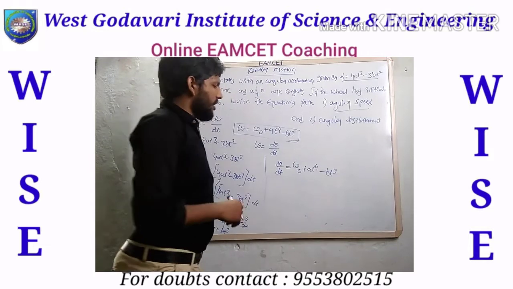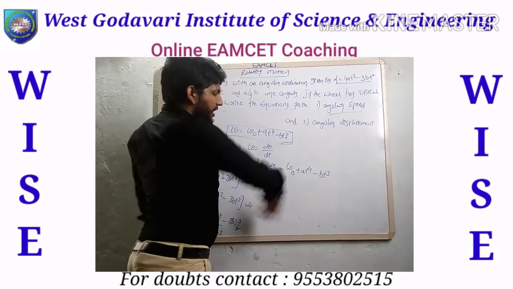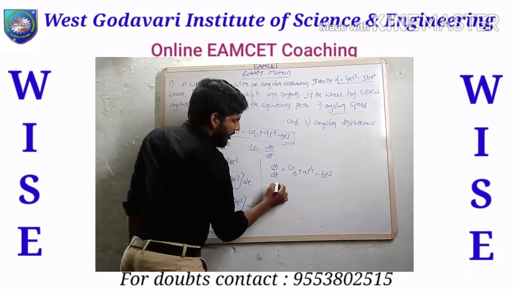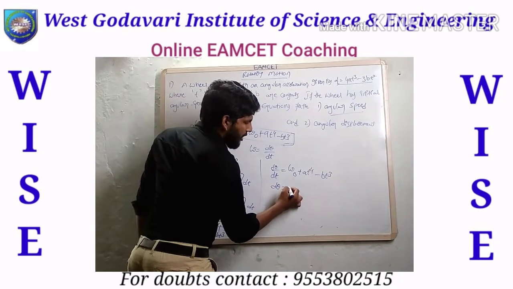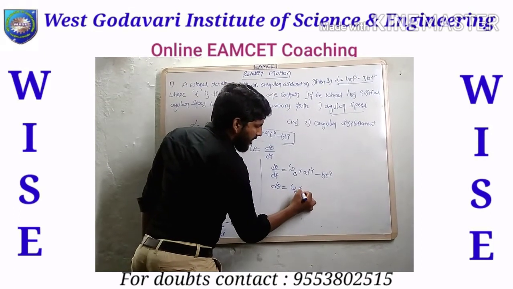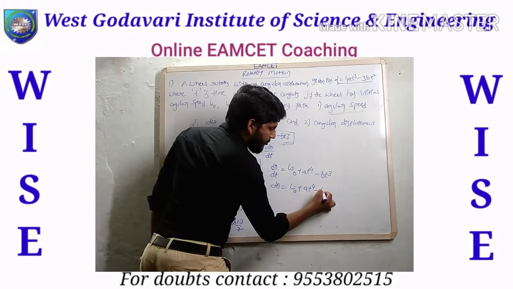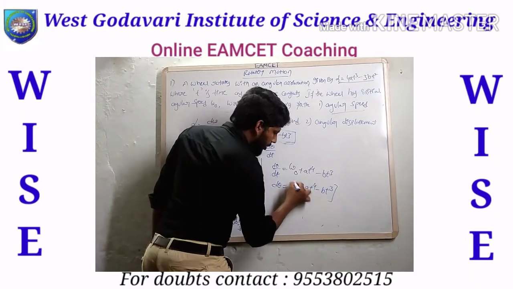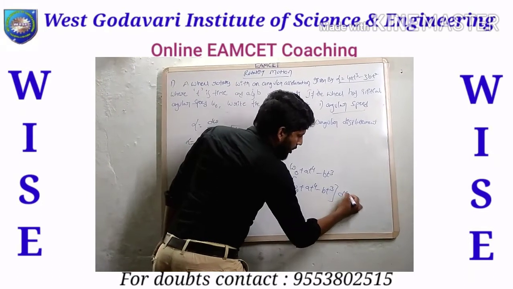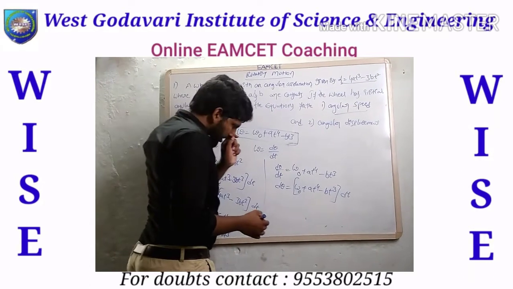This is the equation. Moving dt to the right-hand side, we get d theta equal to (omega naught plus at power 4 minus bt cube) dt.